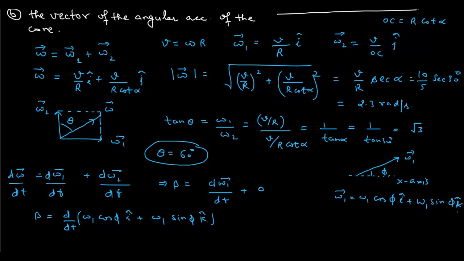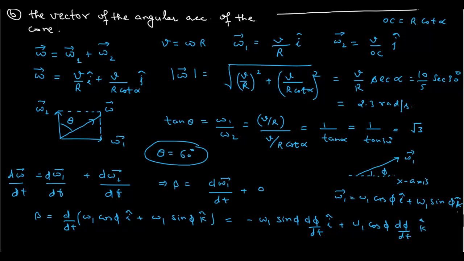And if we differentiate it, we get minus omega 1 sin phi d phi by dt i cap plus omega 1 cos phi d phi by dt k cap.